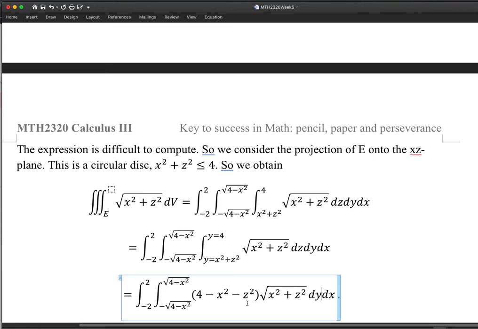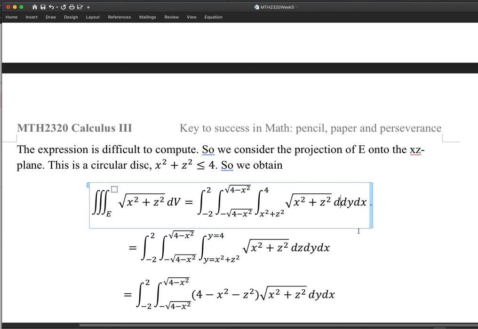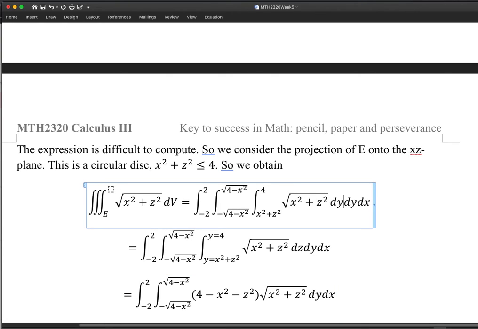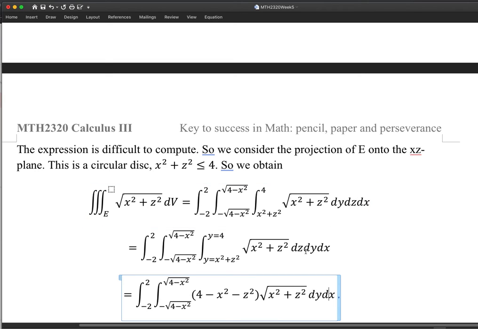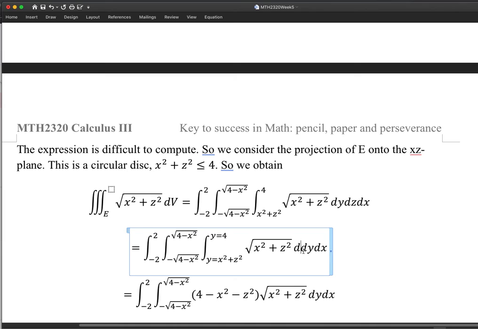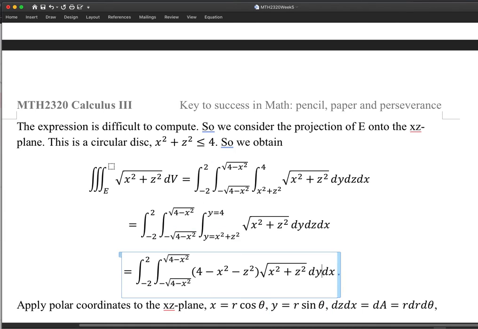Oh, I'm sorry, it should be dy then dz dx. I should have this entire writing corrected.